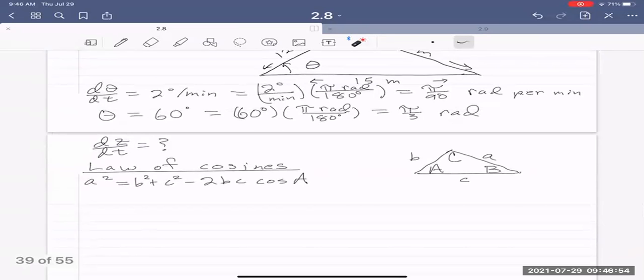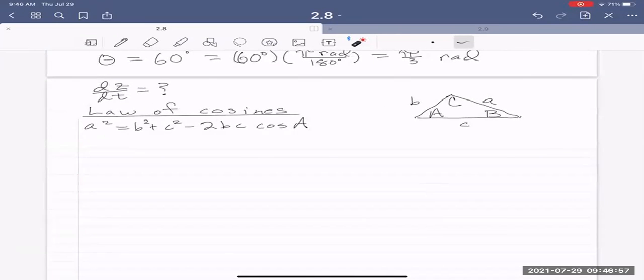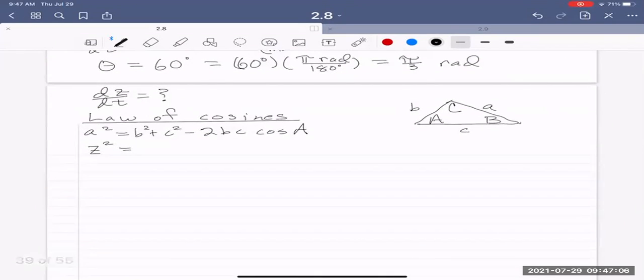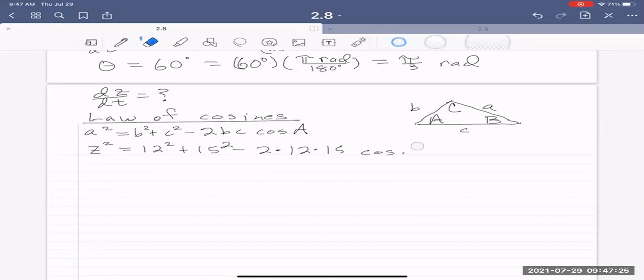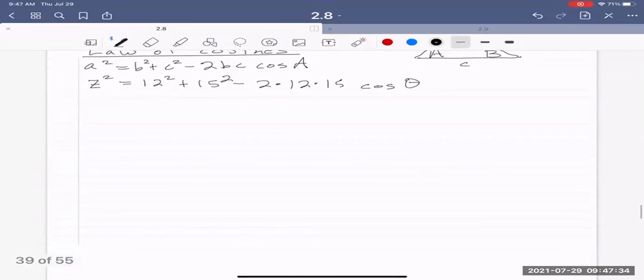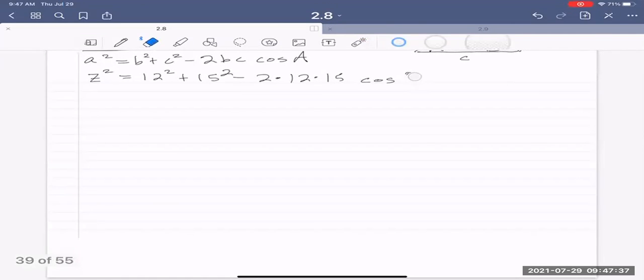So I have that z squared is equal to 12 squared plus 15 squared minus 2 times 12 times 15 cosine A. Oh, let's call it theta, since that's what we called it here. We're going to do this for 60 degrees.